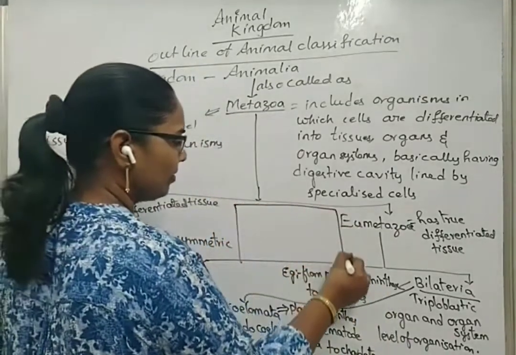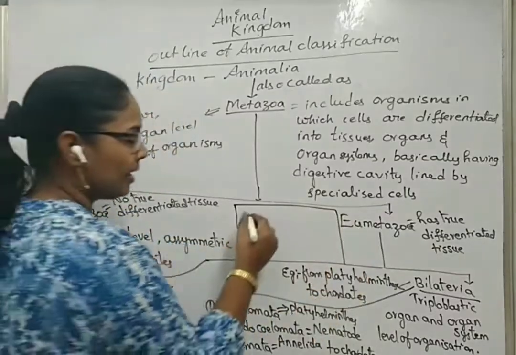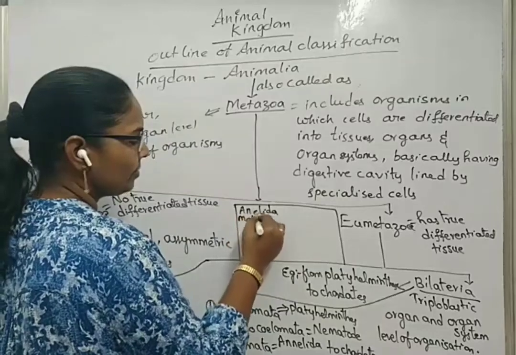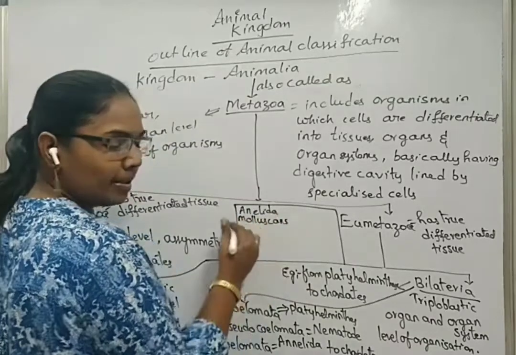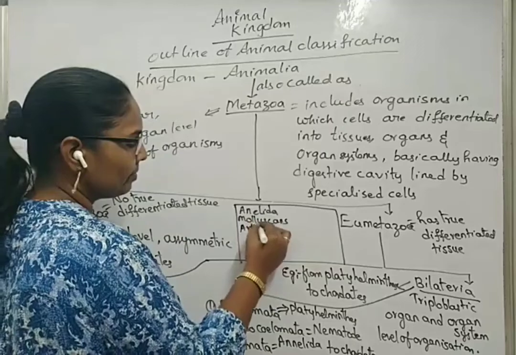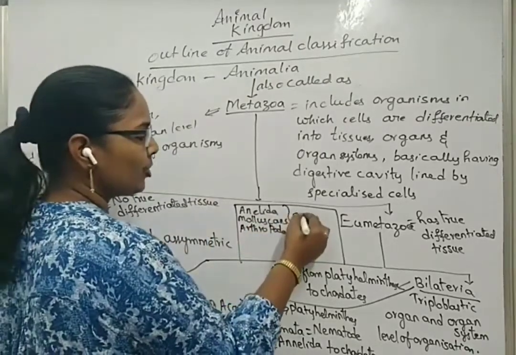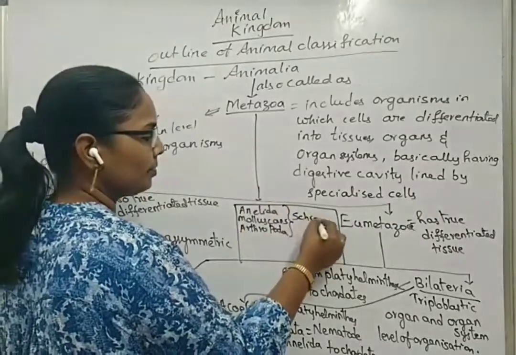Here I will write a few examples like Annelida, molluscs, and arthropoda. These are considered to have schizocoel, meaning true coelom.